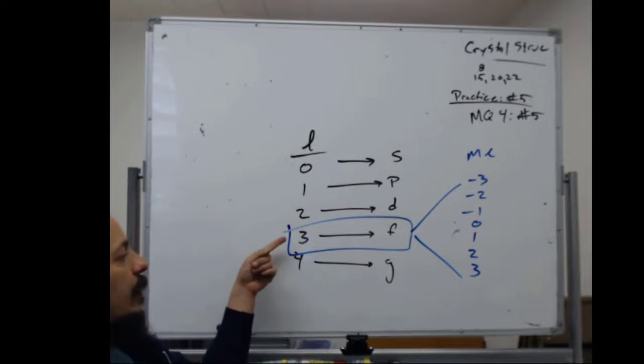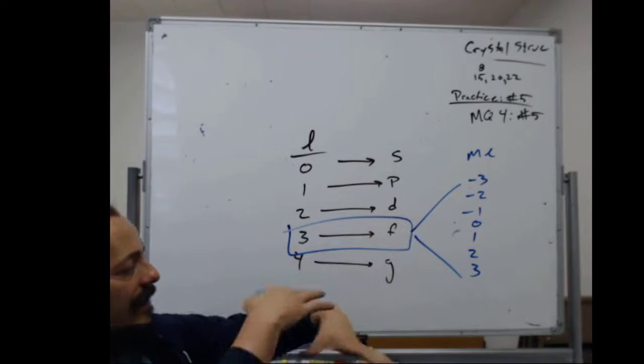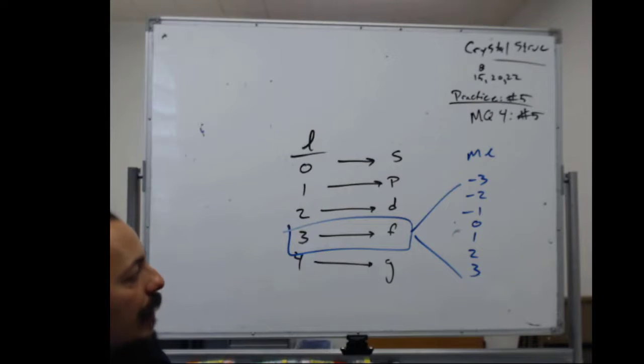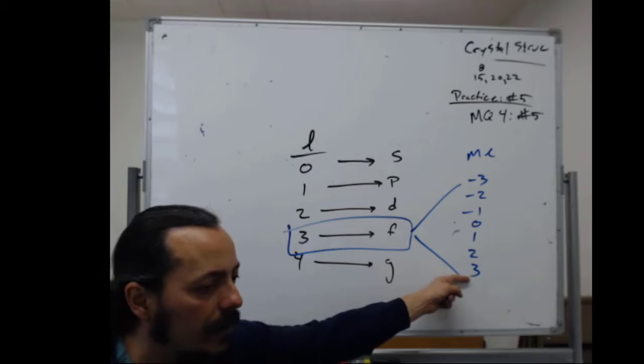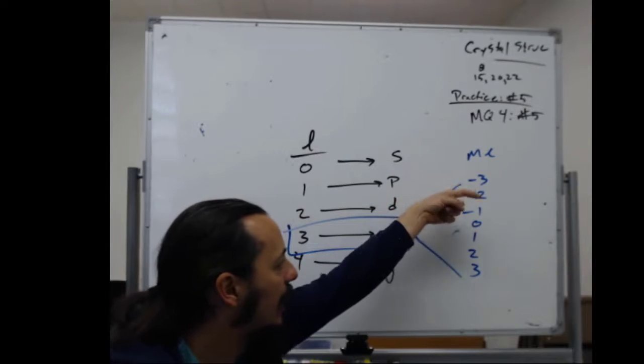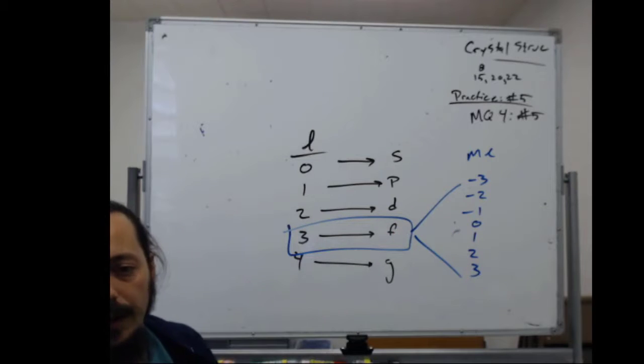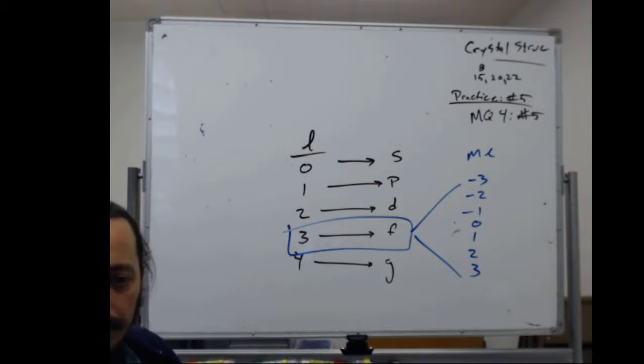So for this L equals 3 situation, there are all of these different possible orientations of the orbital. My maximum value would be +3, my minimum value would be -3, and I would have 1, 2, 3, 4, 5, 6, 7 possible M sub L values.